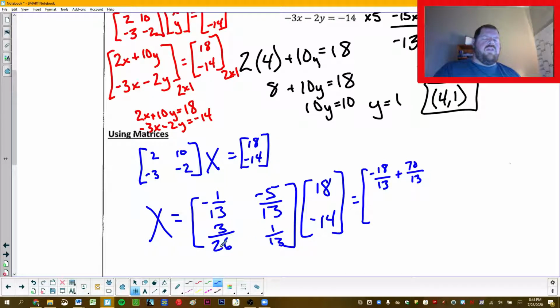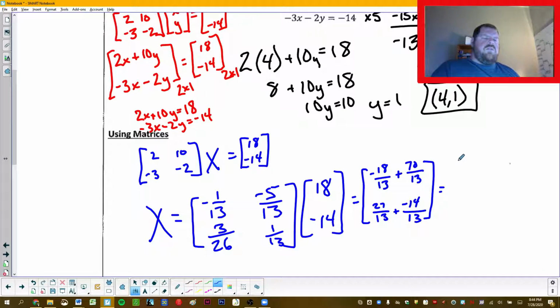We'll make that a 13 on the bottom, and we'll make that a 9. I'm just thinking about multiplying those in my head. 9 times 3 is 27 over 13 plus negative 14 over 13.